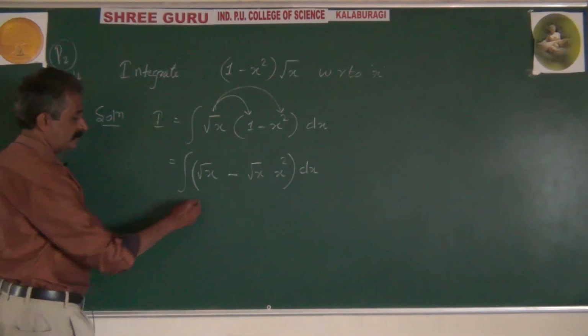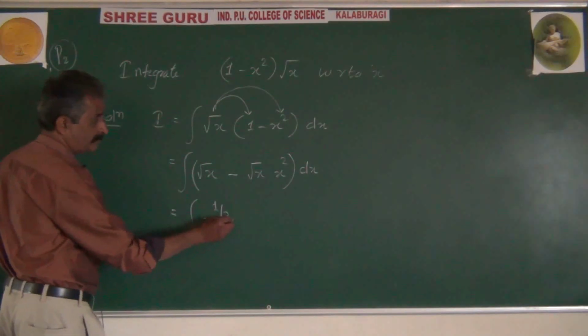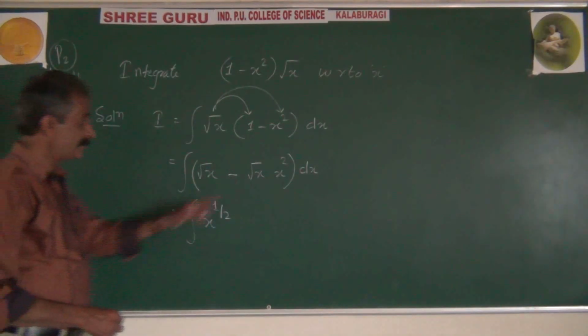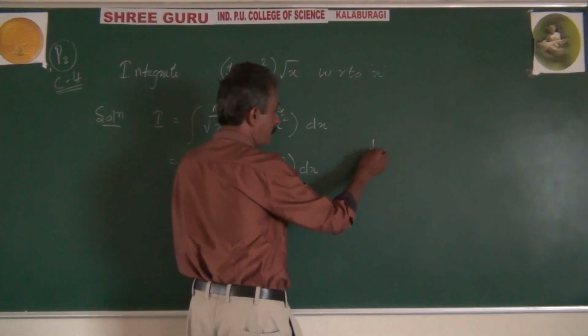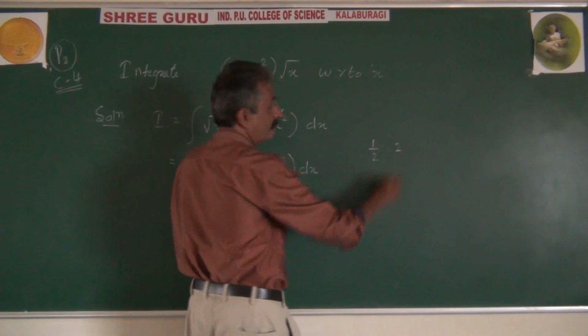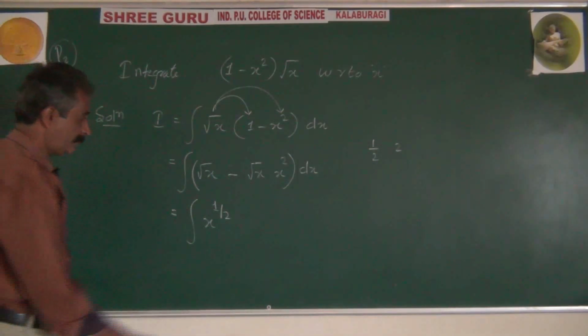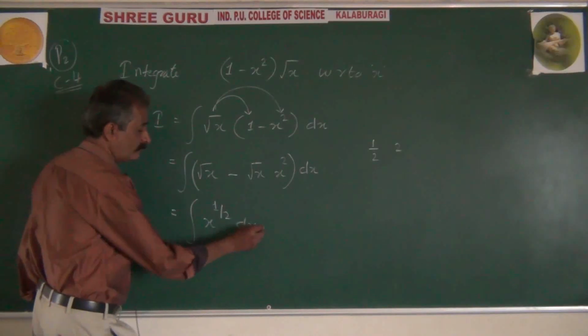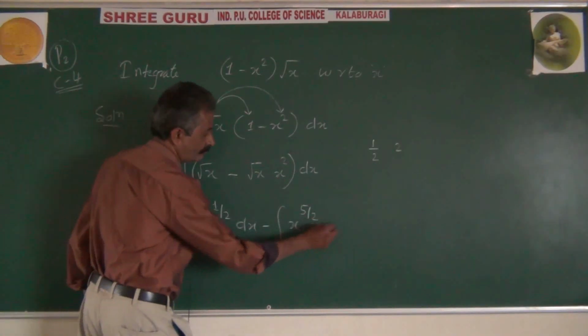Root x means x^(1/2), and here power half, power 2, so half into 2 is... 4, 4 plus 1 is 5 by 2. So the second term will be the integration of x^(5/2) dx.